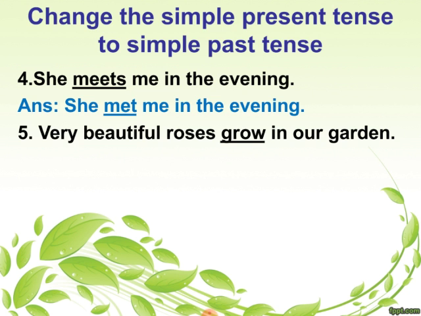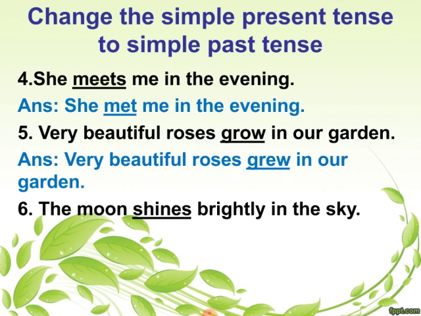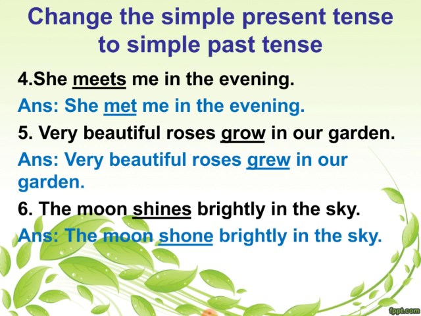Very beautiful roses grow in our garden. Grow becomes grew. Very beautiful roses grew in our garden. The moon shines brightly in the sky. Shine is a present tense; to become past: the moon shone brightly in the sky.